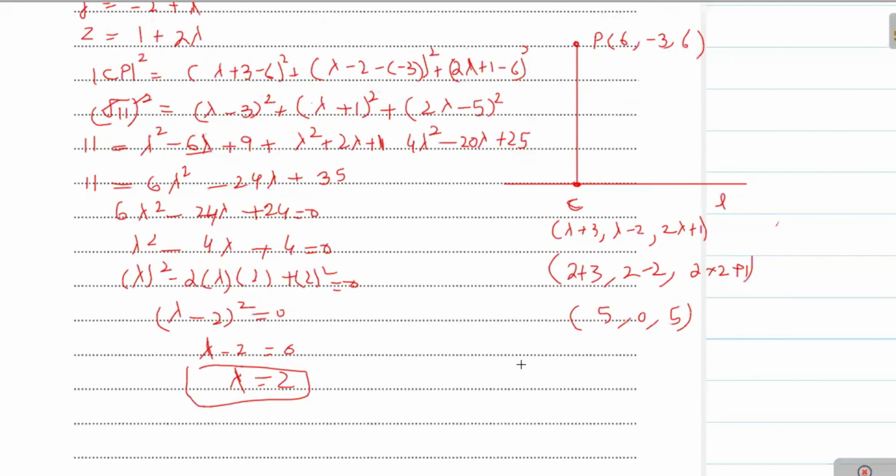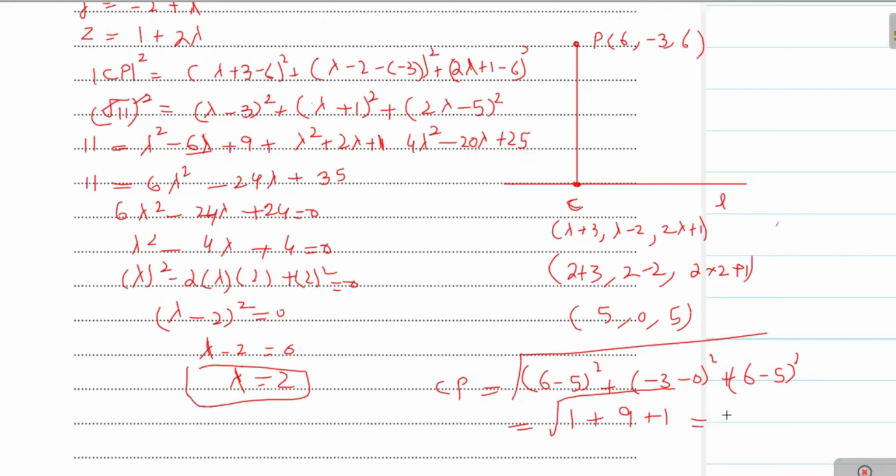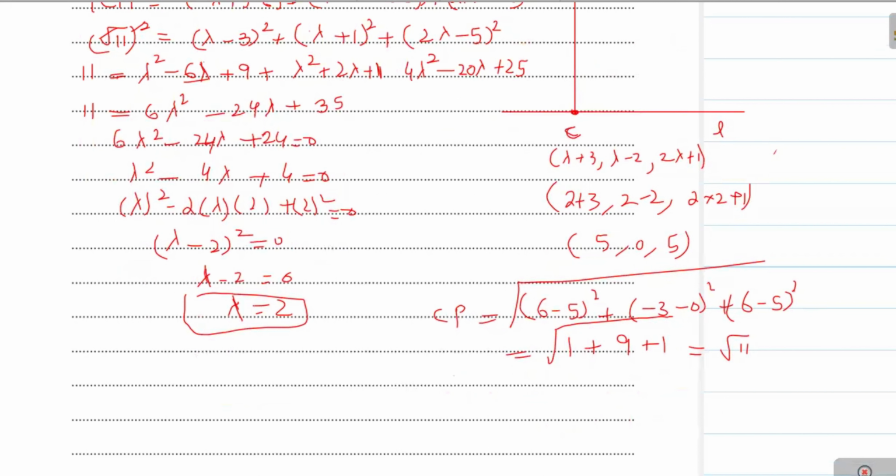Now we can write CP length as (6 minus 5) whole square plus (minus 3 minus 0) whole square plus (6 minus 5) whole square. Now this will be equal to square root of 1 plus 9 plus 1, and this will be equal to square root 11. Hence, it is proved that CP length equal to square root of 11.